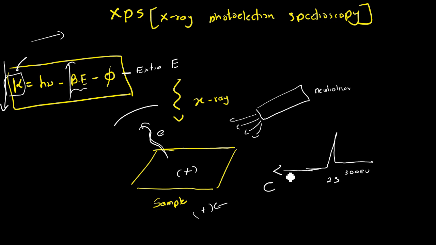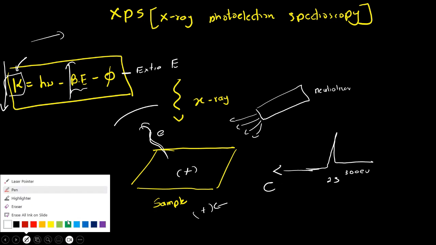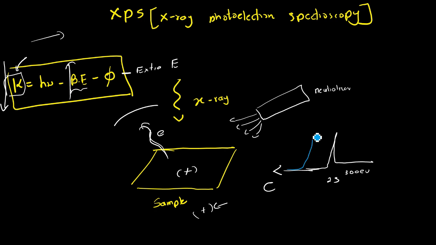So it will give you a peak at around here, like 375 maybe. This is the peak that the instrument shows you, but this is the actual peak that must be there for the carbon 2s electron. So you will not see this peak, you will see this peak. So there's a deviation due to this positive charge. That's the problem we have.